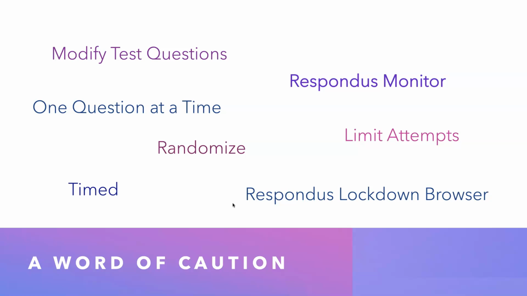The Responder's Monitor will use the lockdown browser, but in addition, it will track the students' movements, activities, and so on while they are taking the test through the activation of the camera. Keep in mind that the use of Responder's lockdown browser or Responder's Monitor will require that the student download the browser and work through several steps in order to take the test.